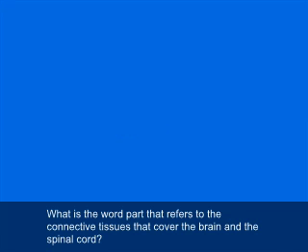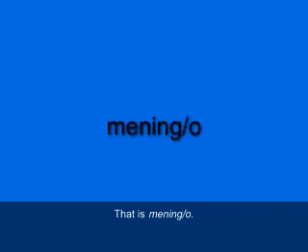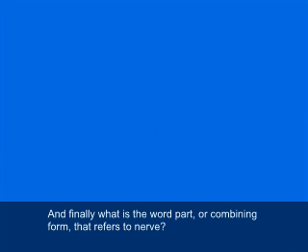What is the word part that refers to the connective tissues that cover the brain and the spinal cord? That's meningo, mening/o. And finally, what is the word part or combining form that refers to nerve? That's radiculo, RADICUL/O.